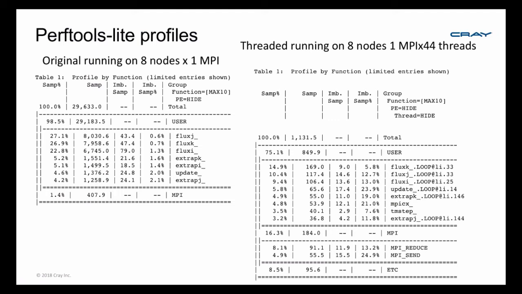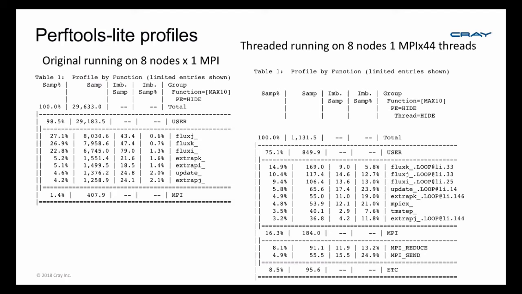You can see that the flux really went down quite a bit. The fluxes, the update, most of these really were reduced quite a bit. And now MPI is a much larger percent because the computation was reduced.